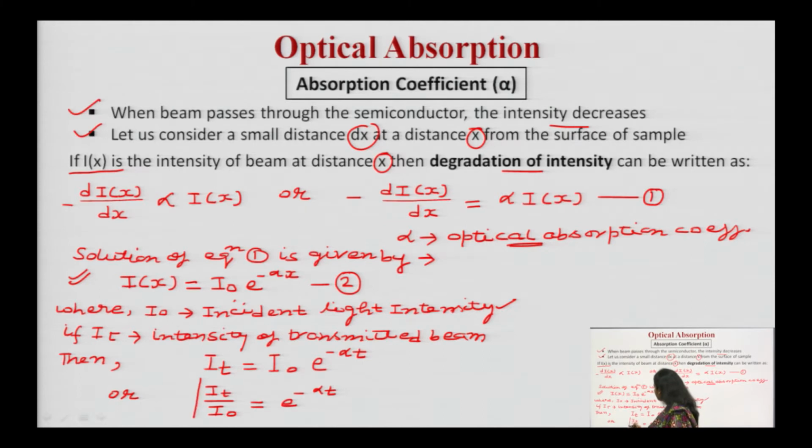So, from here you can calculate the ratio IT upon I naught as I have discussed, and this ratio is e raised to the power minus alpha t. This is how you can identify and measure the absorption coefficient, which is denoted by alpha. I hope this point is also clear to you.